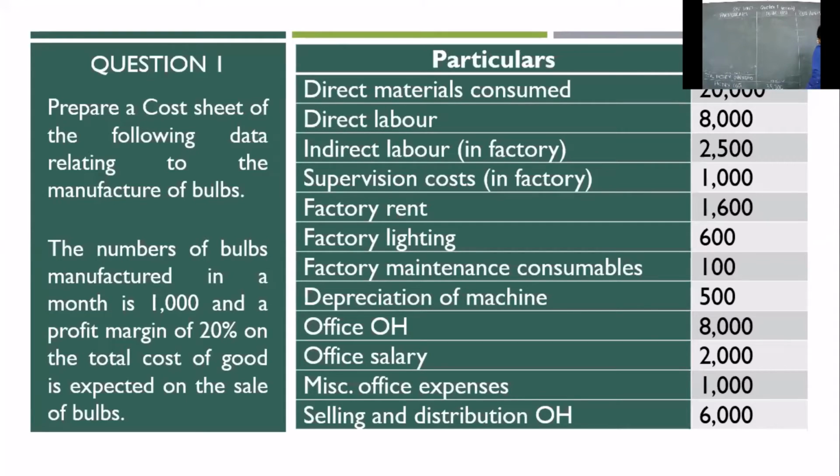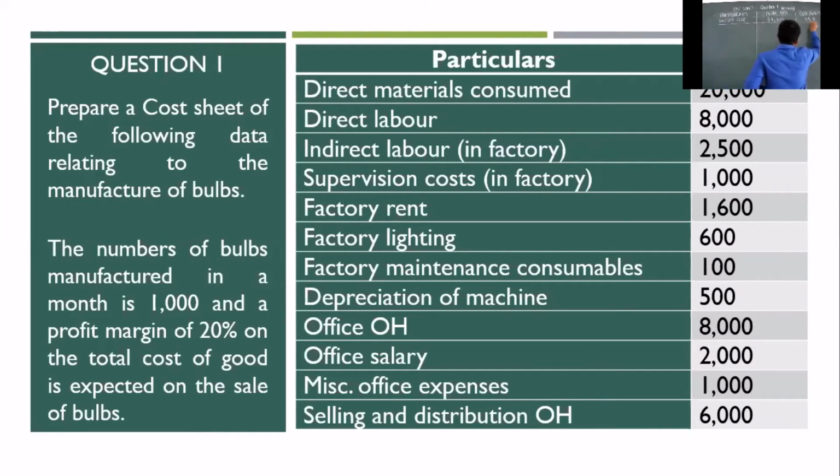So in the cost sheet, we have calculated until the factory cost, and for factory cost we have got the total to be 34,300. Cost per unit is 34.3.